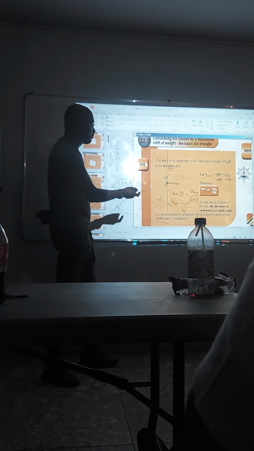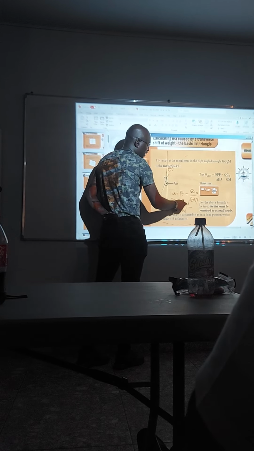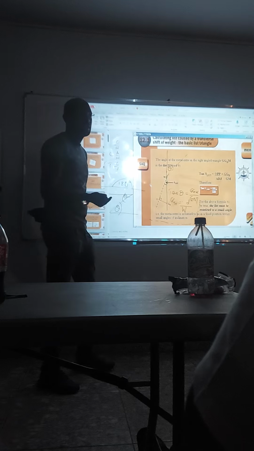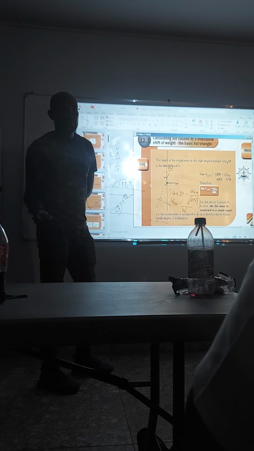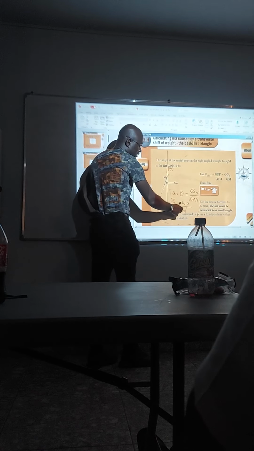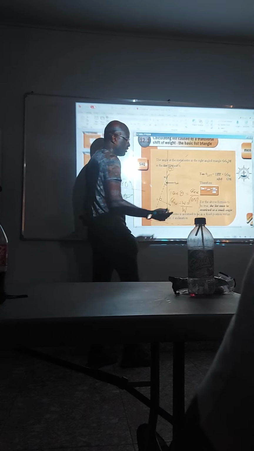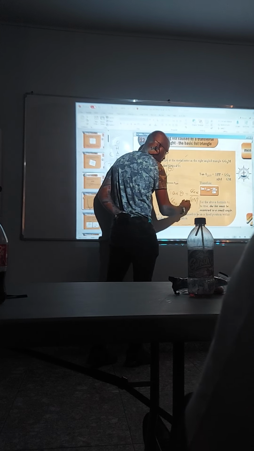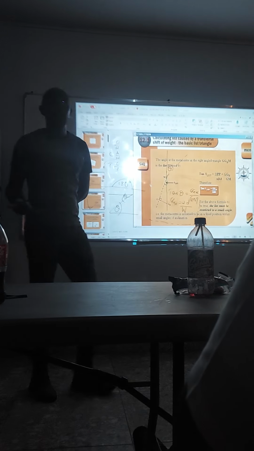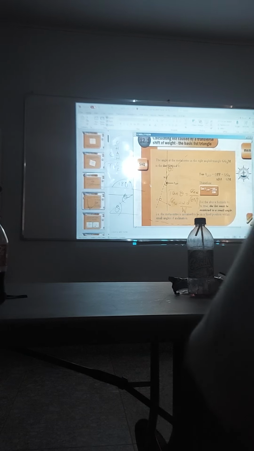If the student writes the two together but uses the wrong value, he can get it wrong. But if the student gives me it like this and uses the same value, I can flex, because that gives me an indication that the student knows the formula. It's just that the student used the wrong value.